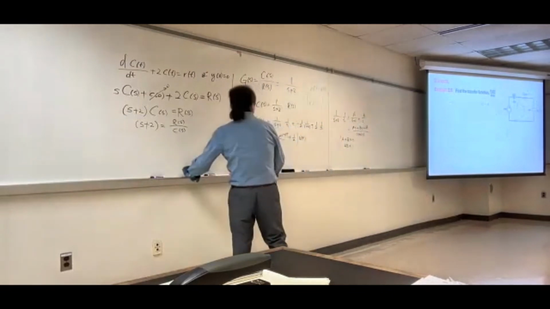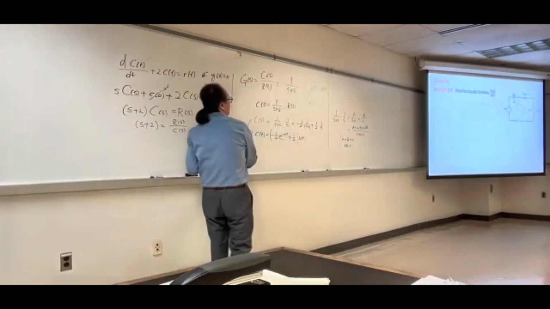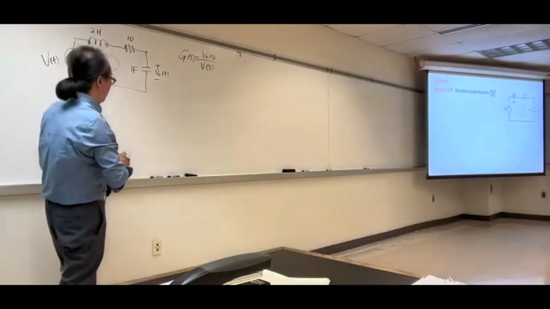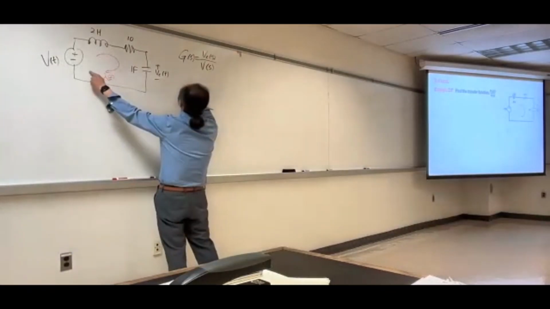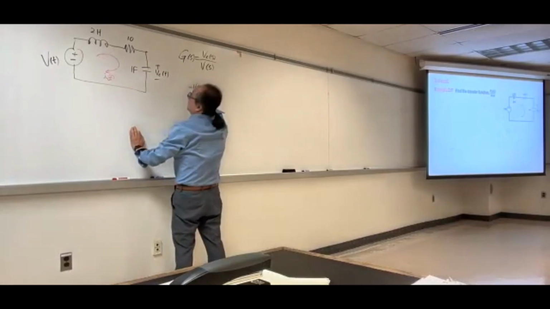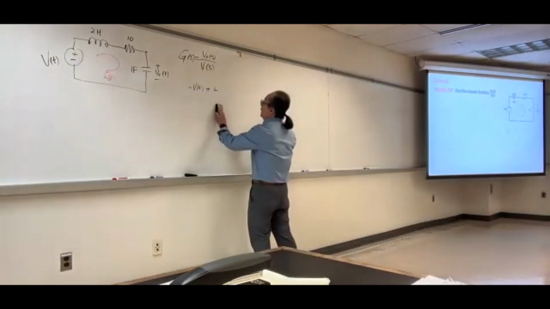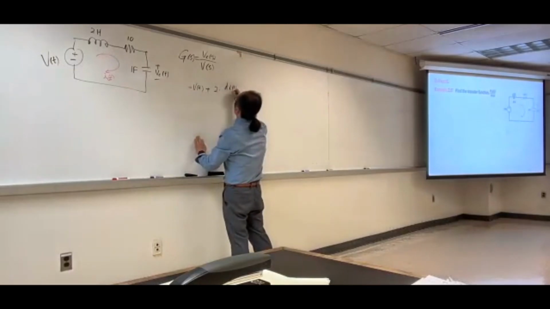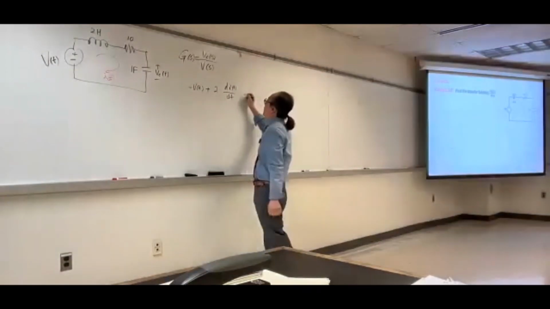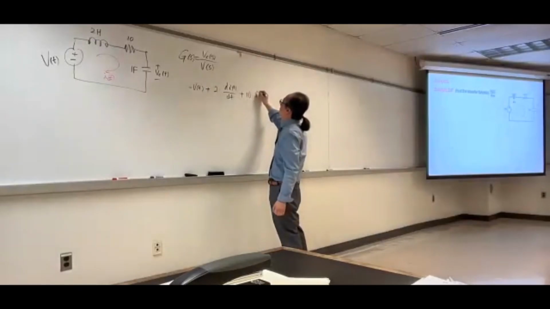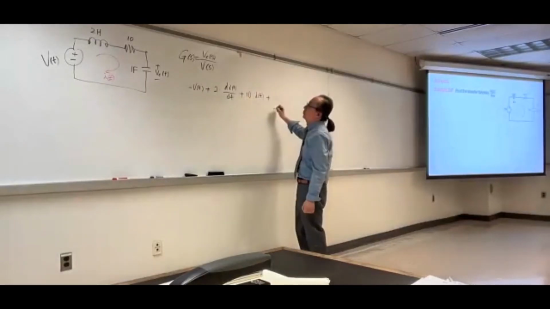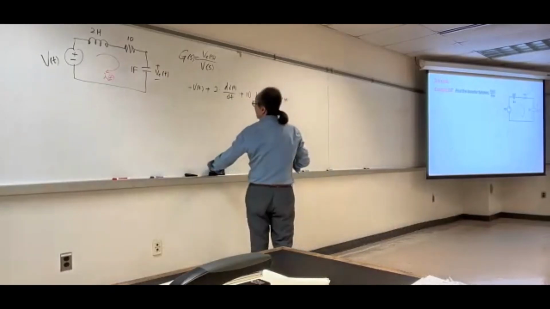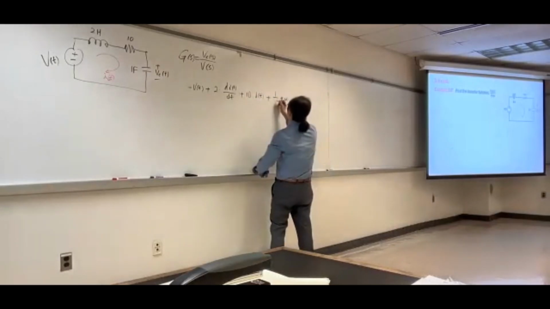Let's do this. So, exact same circuit, but we're going to use the actual numbers, with i of t in that direction. Then negative v of t plus L, which now is 2 di of t over dt, plus 10 times i of t, plus 1 over C q of t, and C is 1.